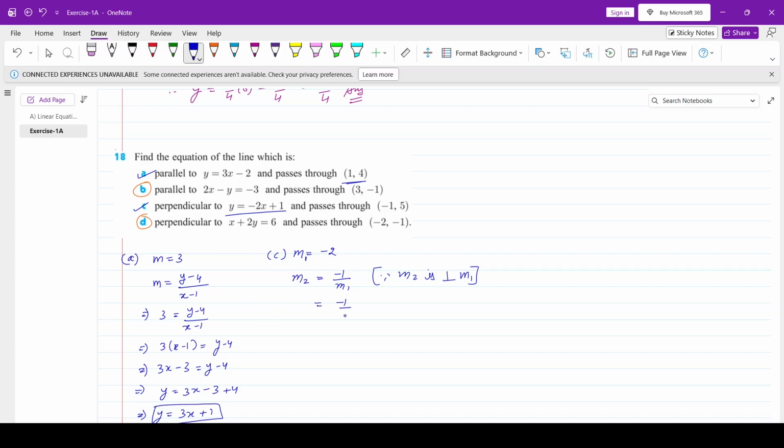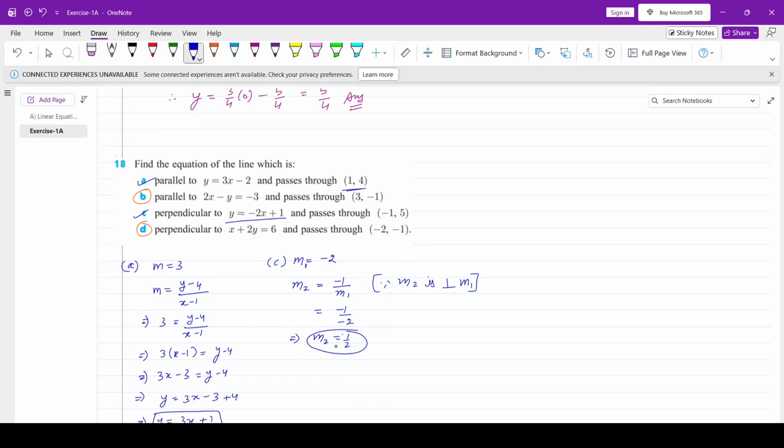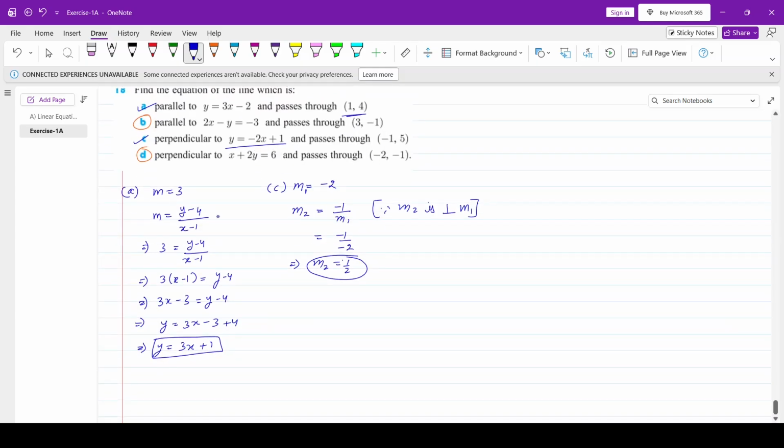So M2 will be -1 divided by -2. So we got this gradient M2 is equal to half. Now the procedure after this point is same as what we followed in part A. Same procedure.